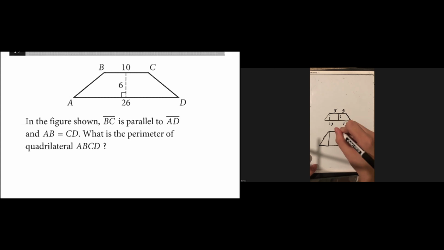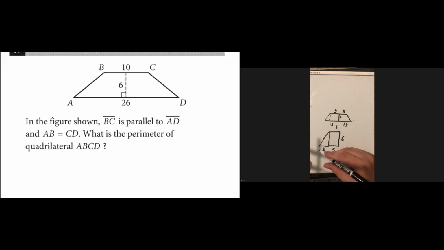So we know that this is 6, this is 5, and this entire thing is 13. To find how much this is, we do 13 minus 5, which is 8.